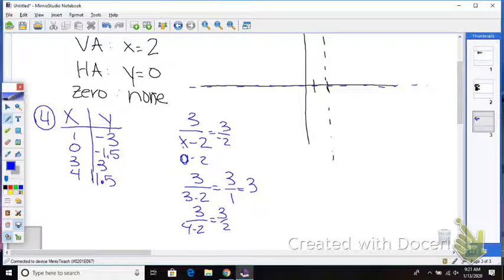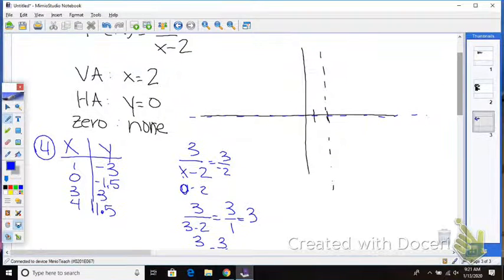So I have 1, negative 3. So here's 1. Here's negative 3. So I have a point right here. And then I have 0, negative 1.5. So it's about right here. And remember, asymptotes kind of serve as magnets, where when I graph this, it's just going to get close to the asymptote, but it's not going to cross it.